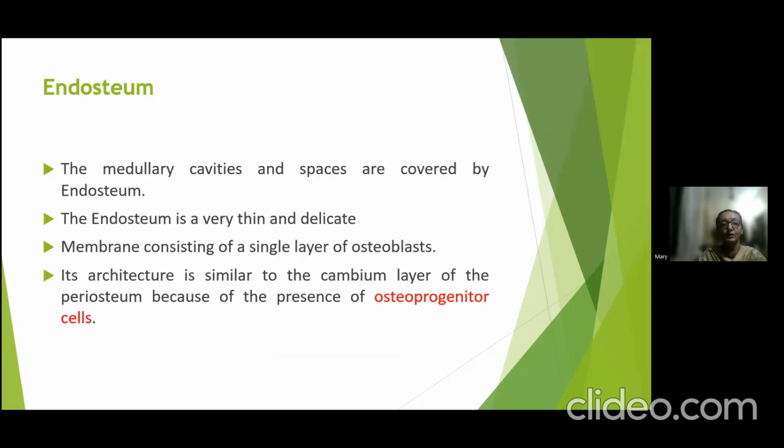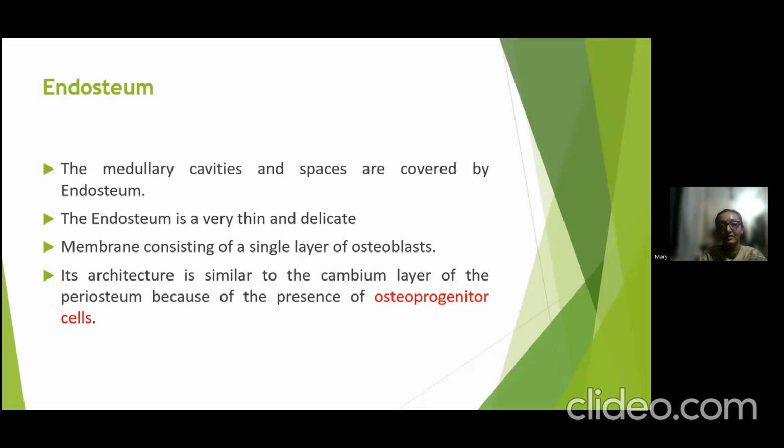Now coming to the endosteum. The medullary cavity and spaces within the alveolar bone are covered by a layer known as the endosteum. This endosteum is very thin and delicate, and it consists of a membrane which contains a single layer of osteoblasts. Its architecture is similar to the cambium layer, which is the inner layer of the periosteum, and it has osteoprogenitor cells.